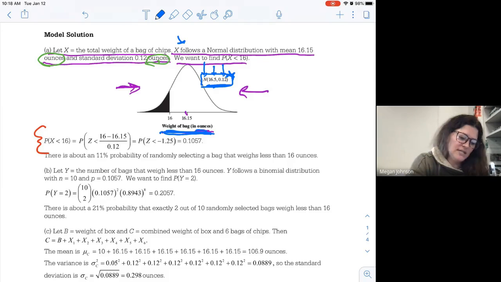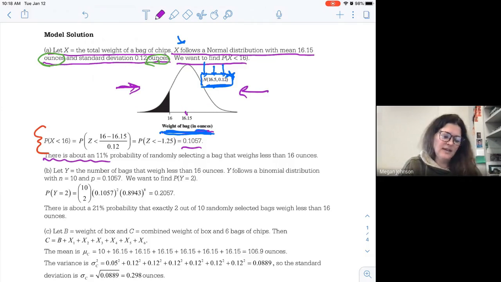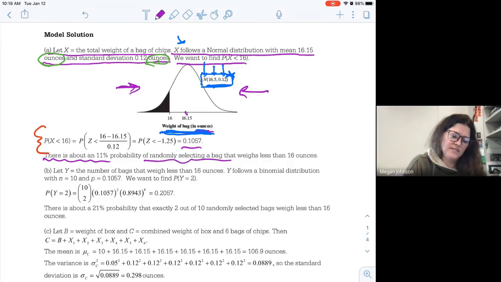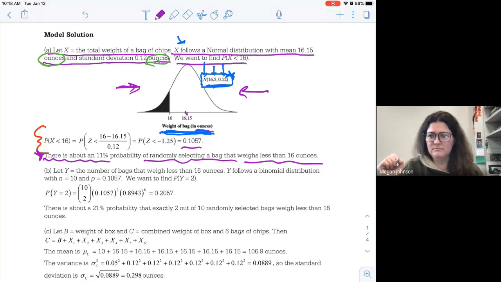Either way, you get to this probability, 0.1057. They rounded it and said there is about an 11% probability of randomly selecting a bag that weighs less than 16 ounces. So that is an important statement because of the conclusion. Okay, that's like your conclusion of the work that you just showed. Okay, cool on part A.